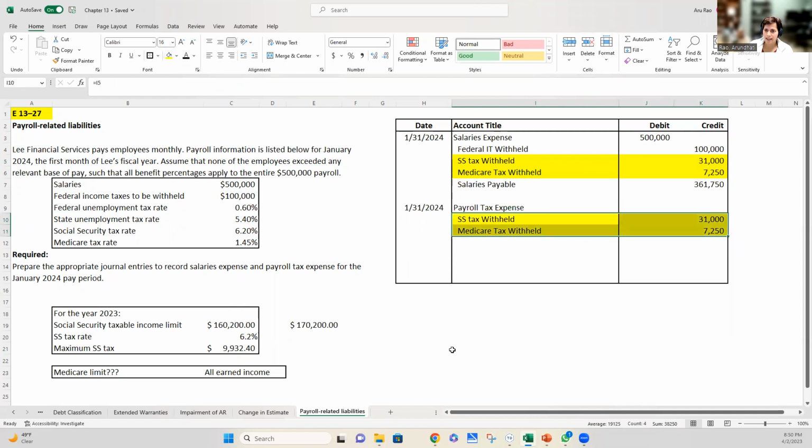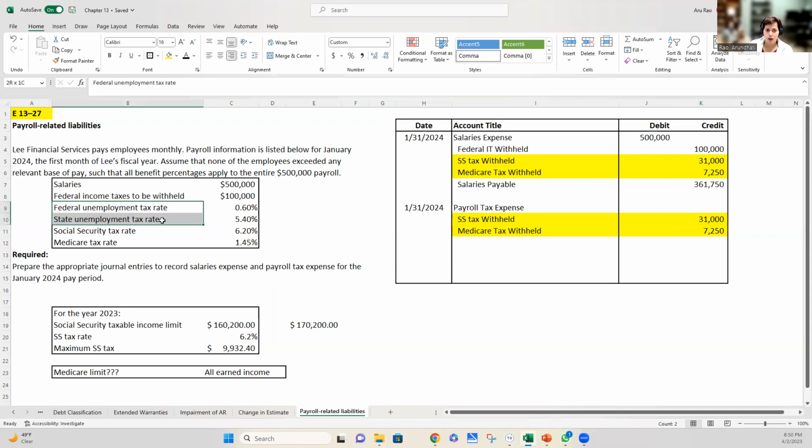The exact same numbers that the employee paid, I'm the employer and I have to pay that as well. So if you're self-employed, you would pay 31 plus 31, 62,000. And then this 7,250 plus 7,250, all of that is what you will have to pay if you're self-employed. Let's get back to the case here. We're not self-employed, we're the company.